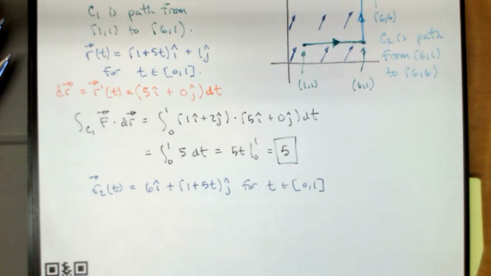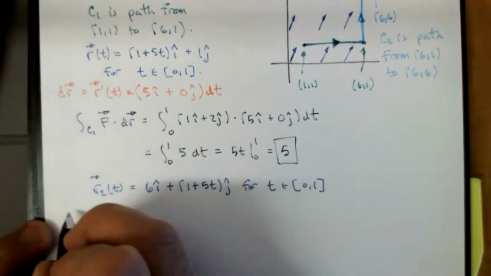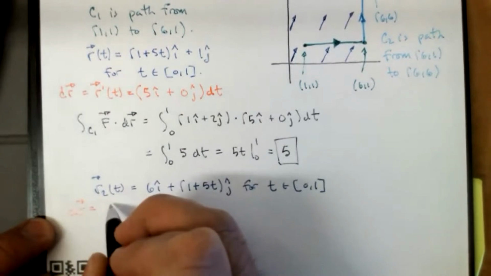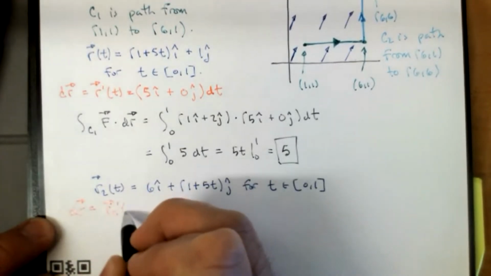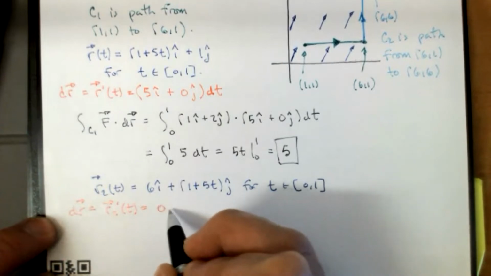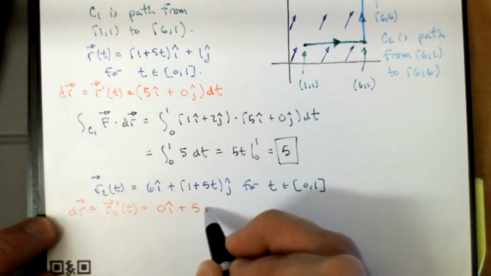Our choice of parameterization doesn't matter. Choice of path does. So our derivative in the x direction is 0, and our derivative in the y direction is 5.